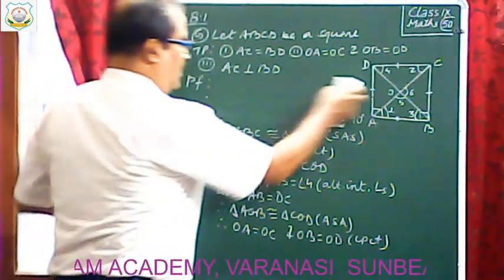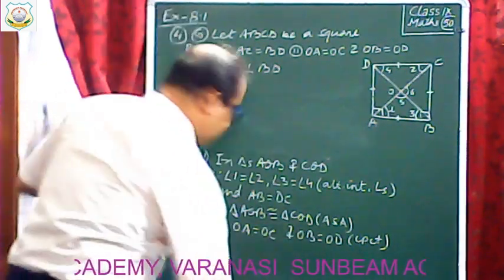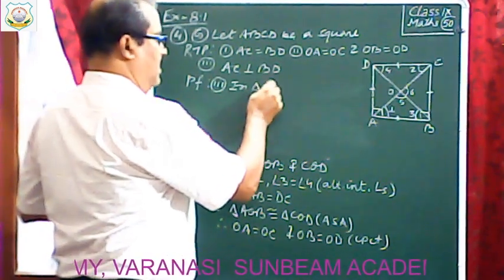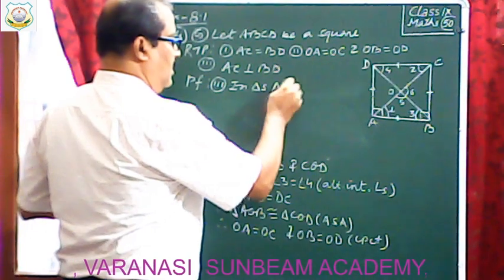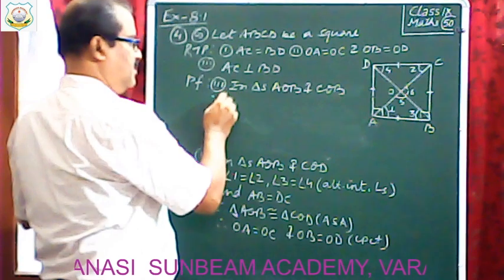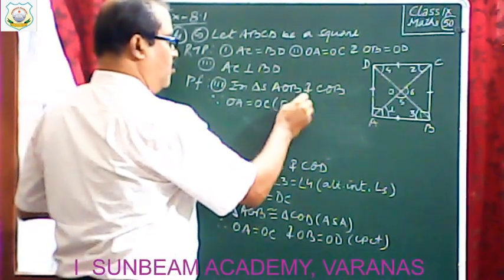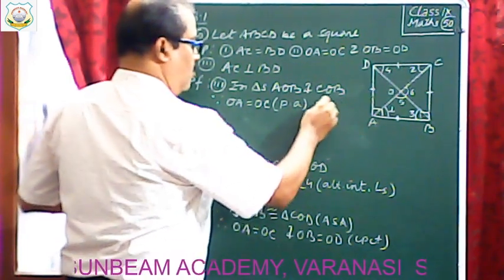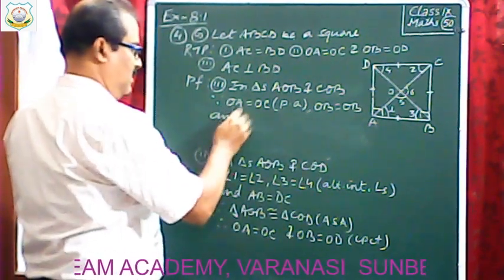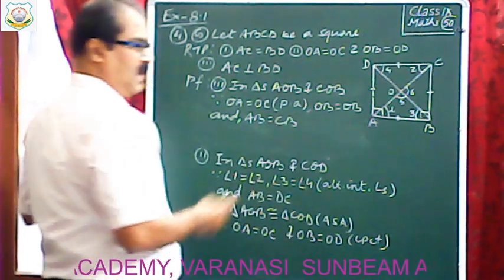Okay, so let's see. Third one. In triangles AOB and COB, OA equal to OC, proved above, OB equal to OB, that is common side, and AB equal to CB, sides of square.